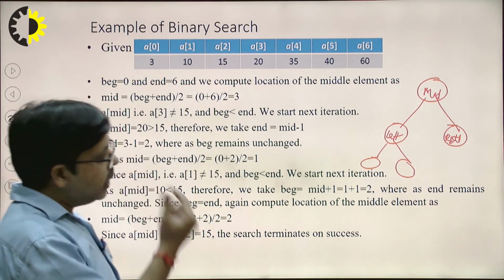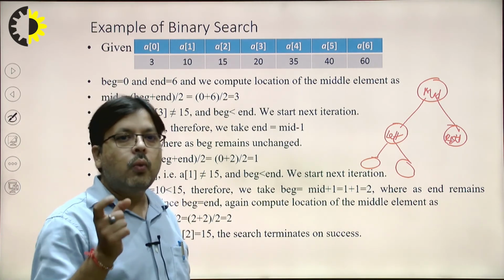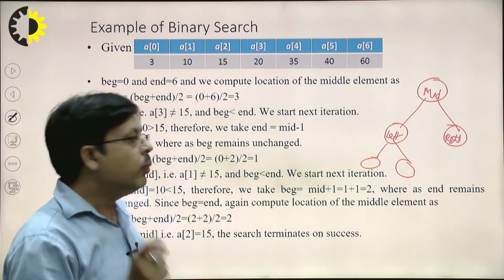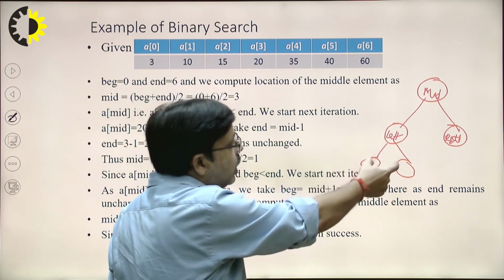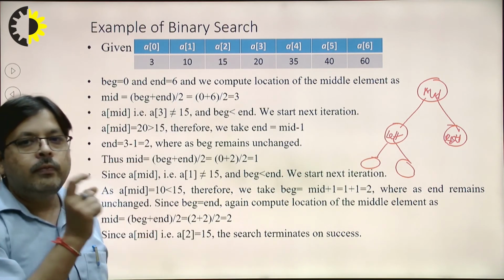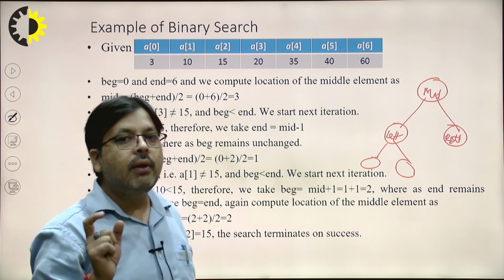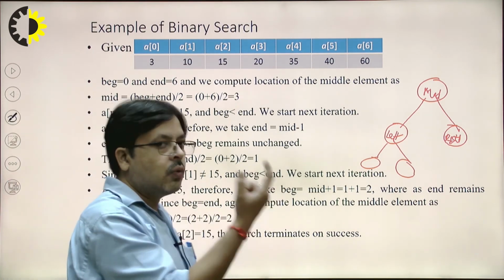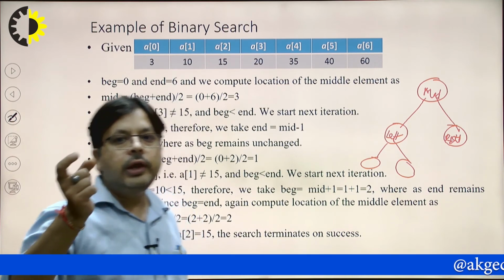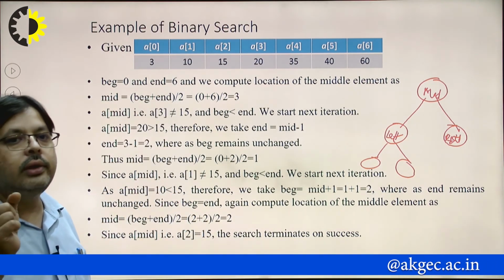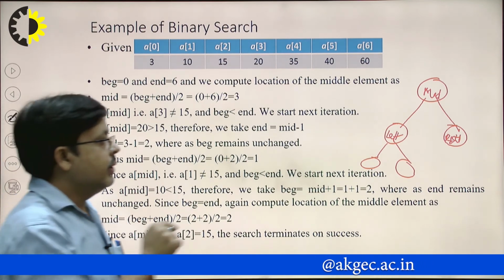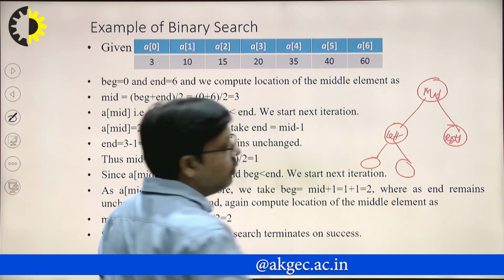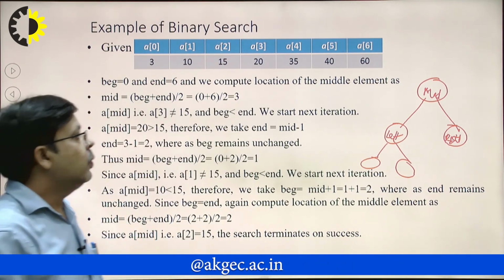So in this procedure, this approach is called the divide and conquer approach, right? And if we visualize our whole algorithm, we are working with a binary tree. This will continue and finally you will get the result.